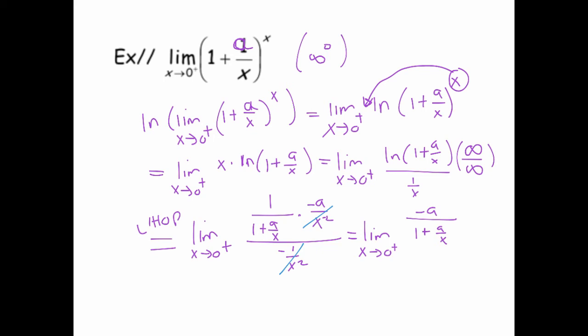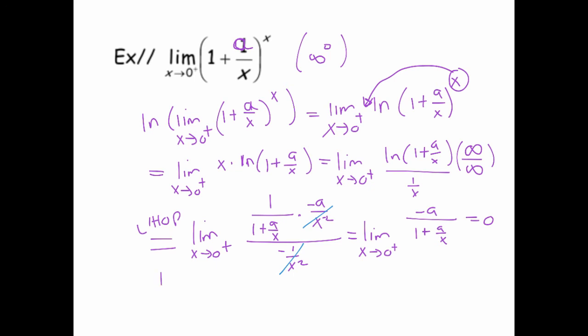And we can see here now that we get negative a over 1 plus a divided by 0, which is a over infinity, which is just 0. So the value is 0.